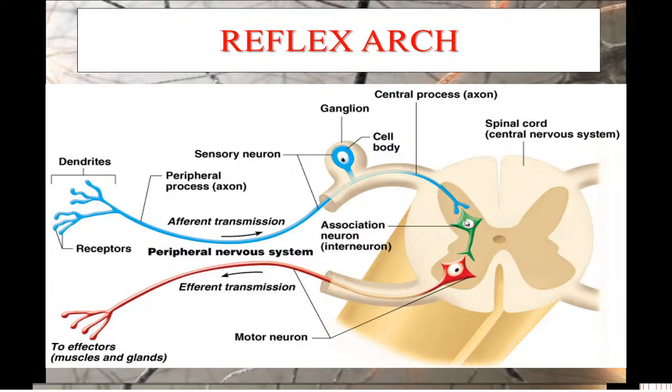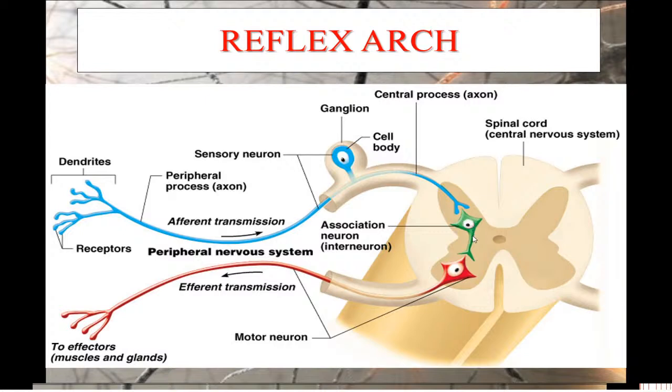Then it synapses with the association neuron or interneuron located in the gray matter of the spinal cord. These cell bodies of second neurons form sensory nuclei located mostly in the posterior horns of the spinal cord.